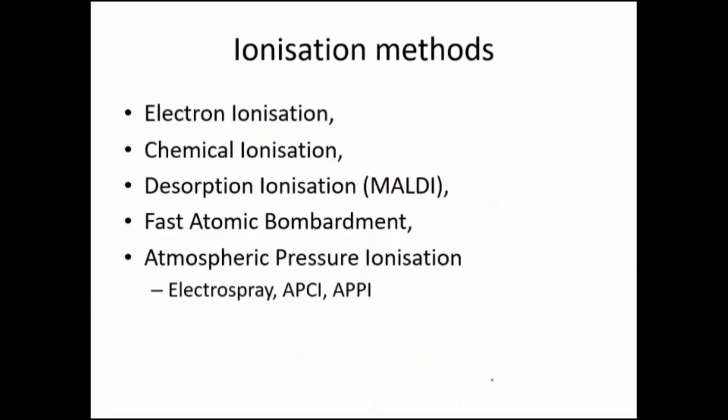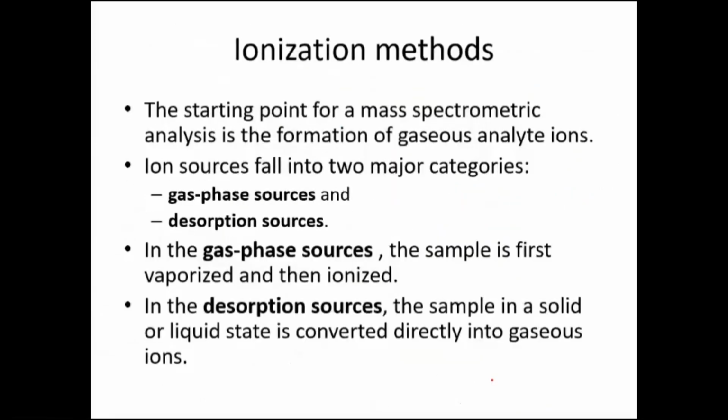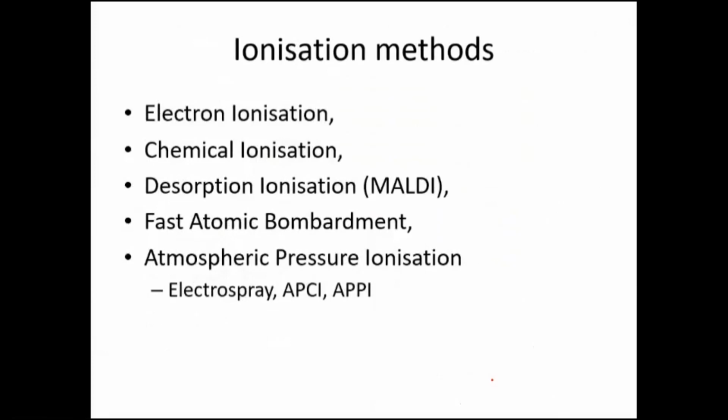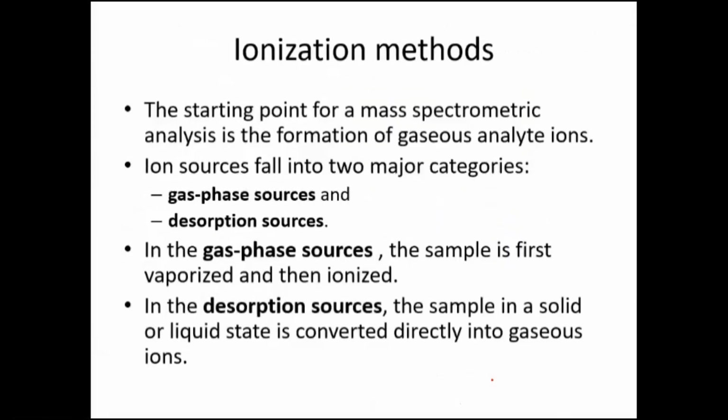So ionization methods, let's start with the basics. See, the starting point for mass spectrometric analysis is the formation of gaseous analyte ions. Ion sources fall into two major categories: gas phase sources and desorption sources.